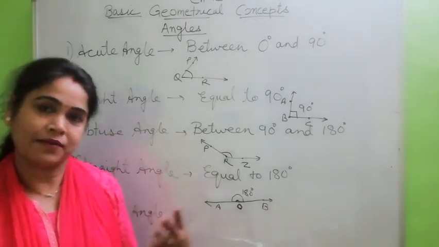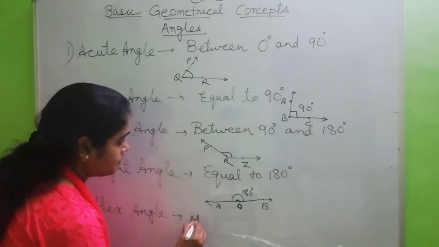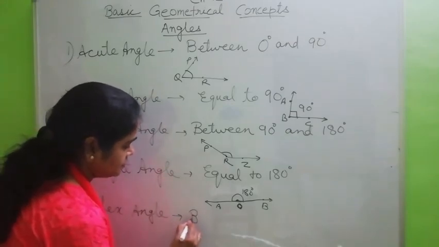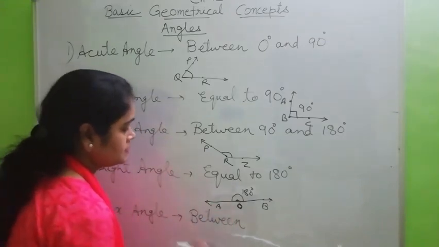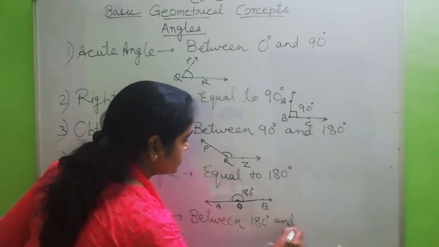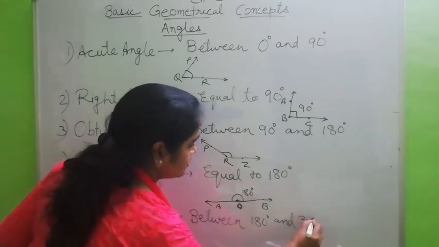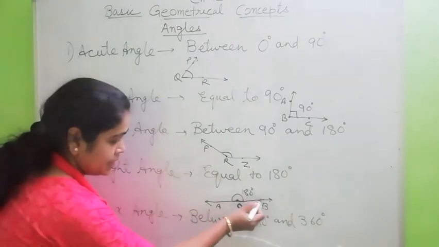What is 360 degree? I will explain you very soon. So a reflex angle is always between 180 degree and 360 degree.